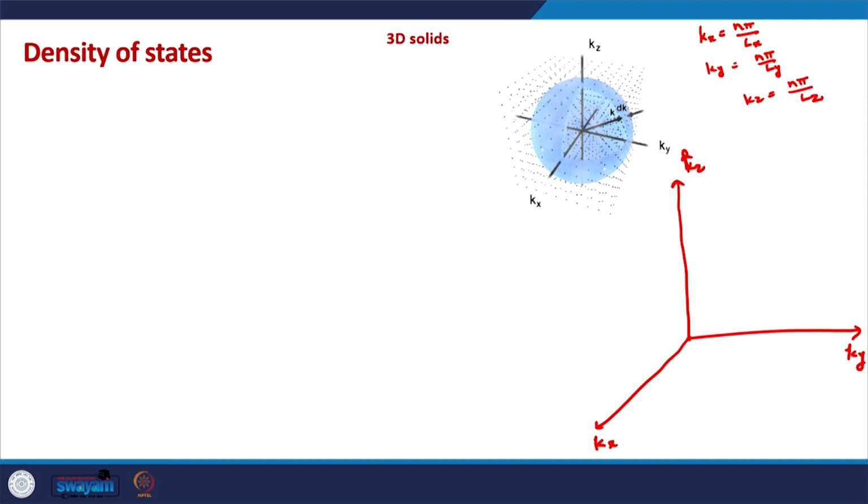On the kx axis, the allowed values will be plus pi by lx, minus pi by lx, plus 2 pi by lx, minus 2 pi by lx, plus 3 pi by lx, minus 3 pi by lx, and so on.